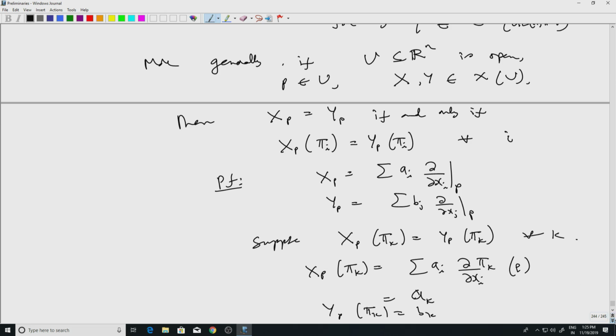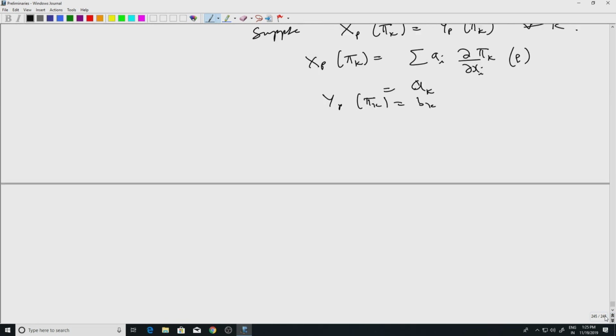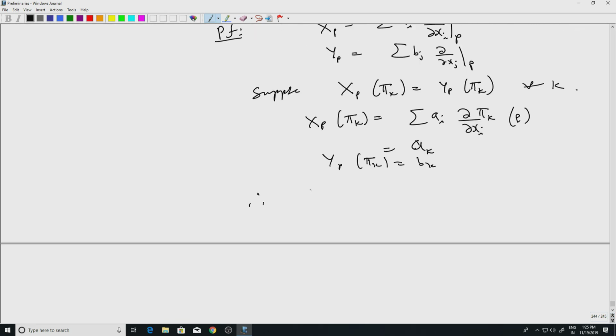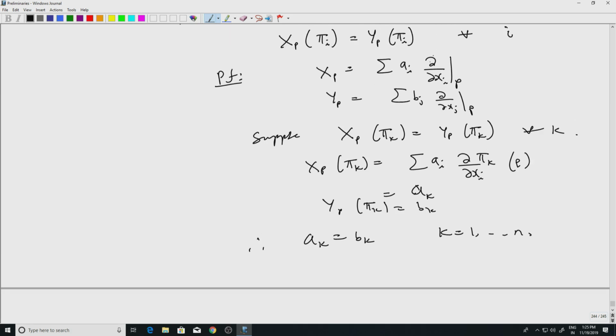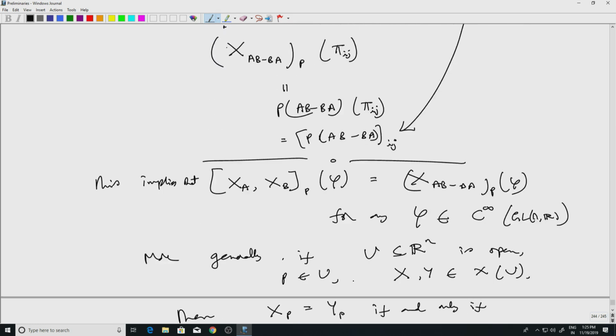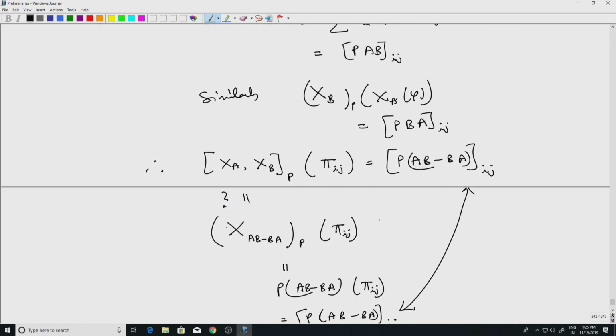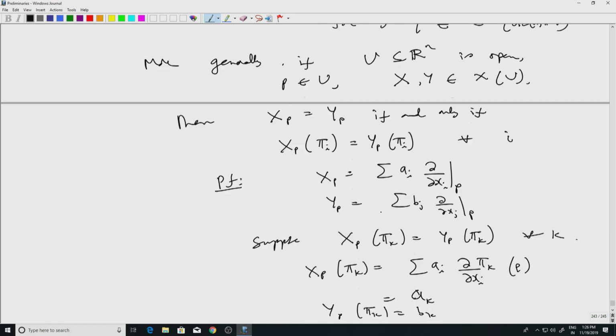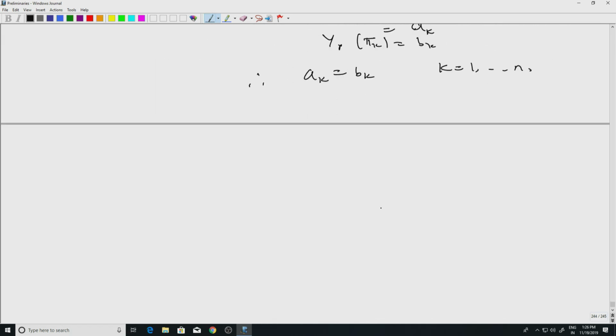So you end up with ak equal to bk, k equal to 1 to n. Therefore these two vectors are the same, and that is what we have used. So it's enough to check it on these projection maps, right?